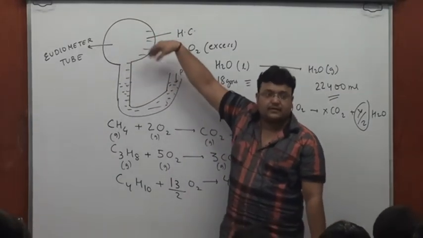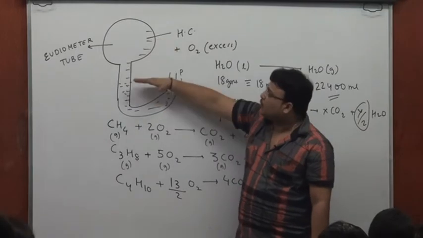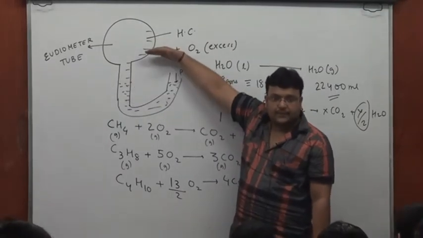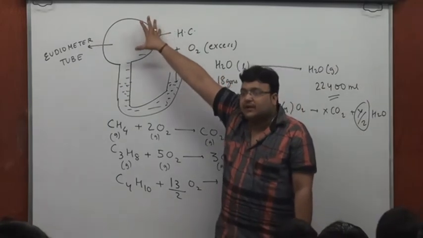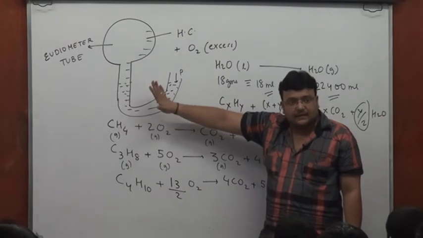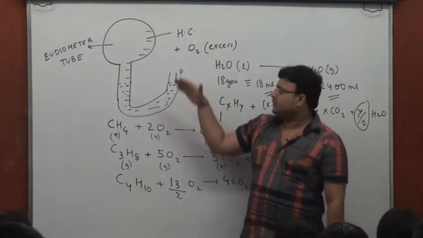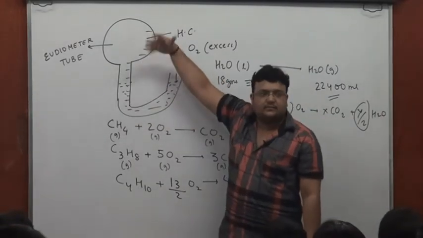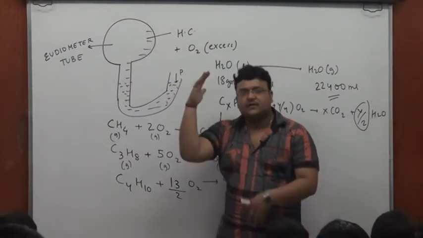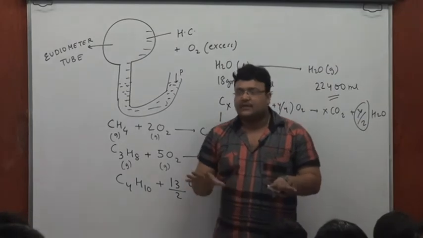So if the gases decrease in volume, they contract, the water level will move up. And obviously if there is an increase in volume of the gaseous compounds, it's going to move down. So you all buy this. And because the entire unidimensional tube is calibrated, initial volume, final volume, increase in volume, decrease in volume, all of this can be measured.